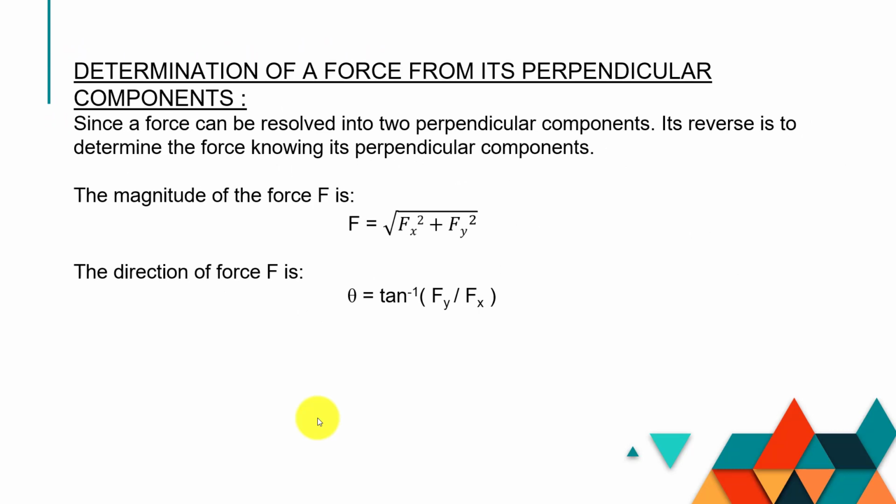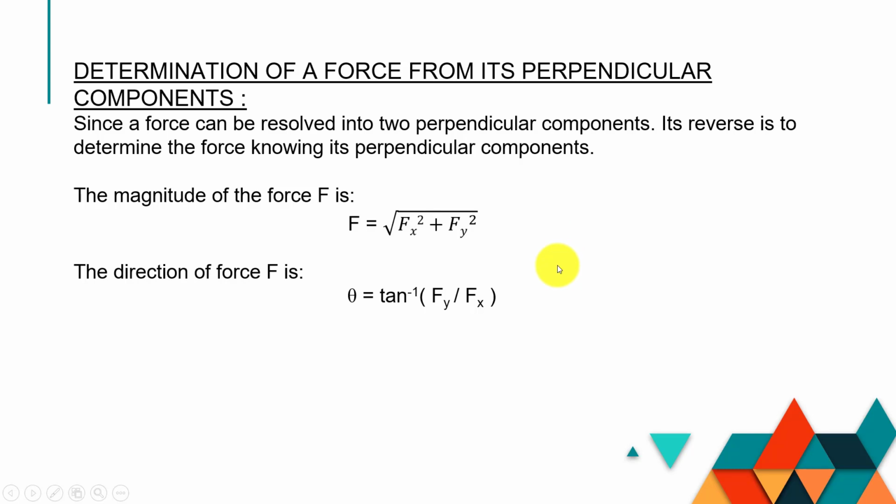Next one is determination of a force from its perpendicular components. Since a force can be resolved into two perpendicular components, its reverse is to determine the force knowing its perpendicular components.